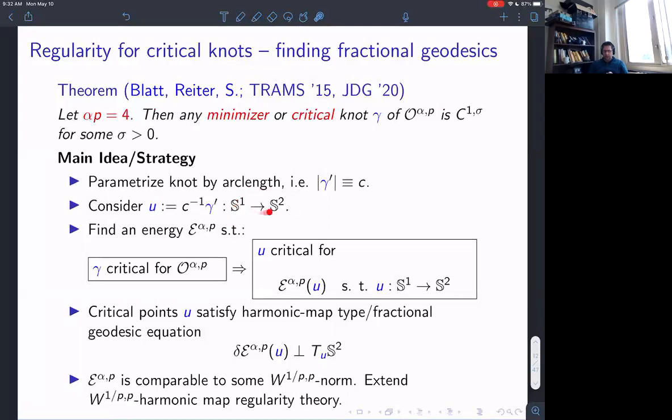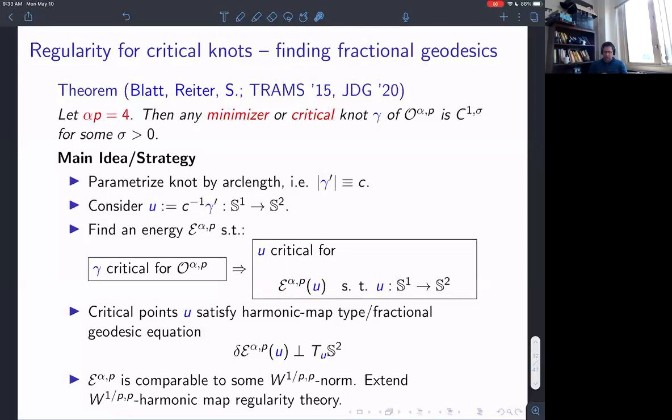Right? Now, the idea is that instead of working with the knot, we work with its derivative, which is a map between two spheres. And what we found is that we can rewrite the original energy, it changes a little bit, but we make it so that when you have a critical knot, a minimizing knot, let's say, for the original energy, its derivative is a critical map for a new energy.